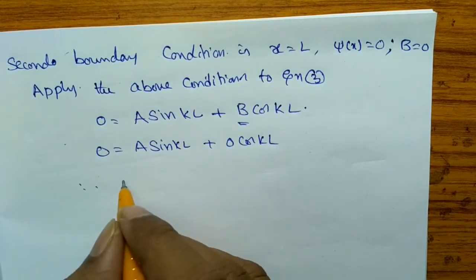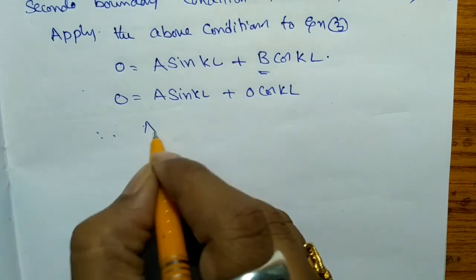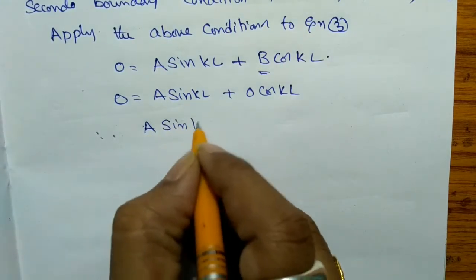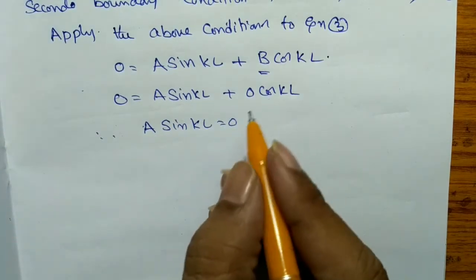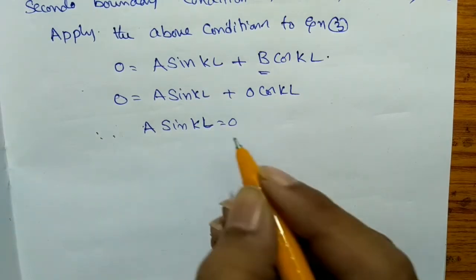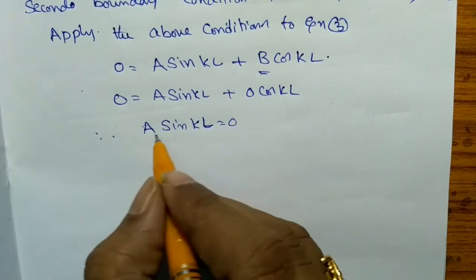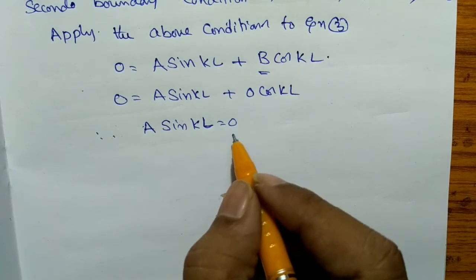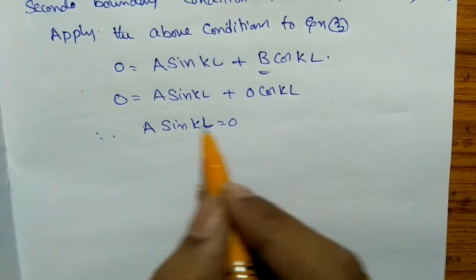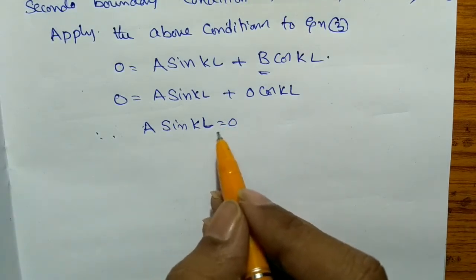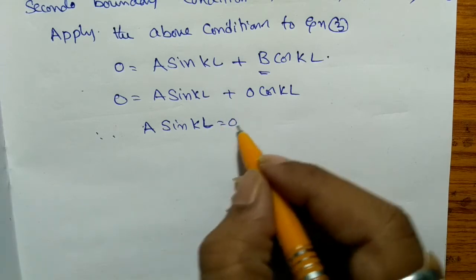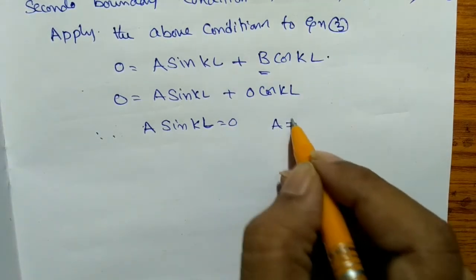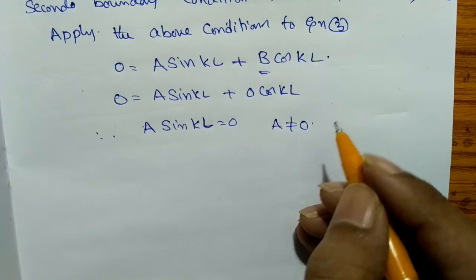Therefore a sin kL is equal to 0. If this expression becomes 0, then either a should be equal to 0 or sin kL should be equal to 0, but a should not be equal to 0.